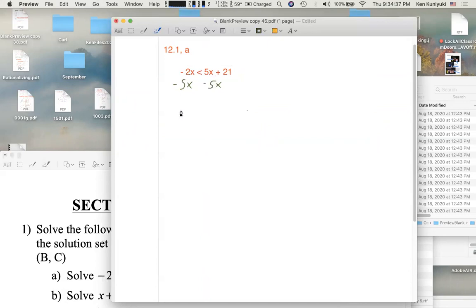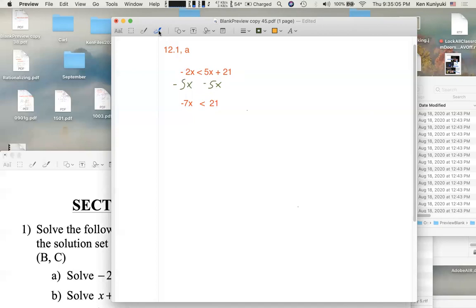Negative 2x minus 5x is negative 7x is less than 21. So I'm subtracting 5x from both sides. The 5x and negative 5x add to 0. We have the 21. Negative 7x is less than 21.